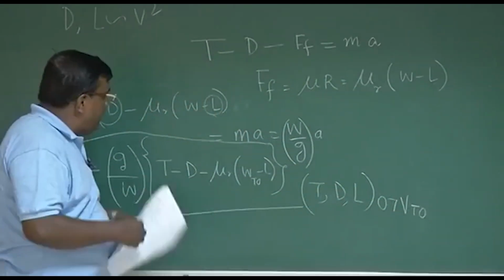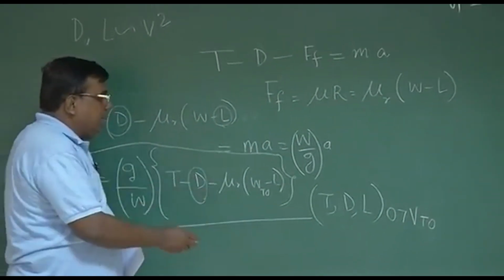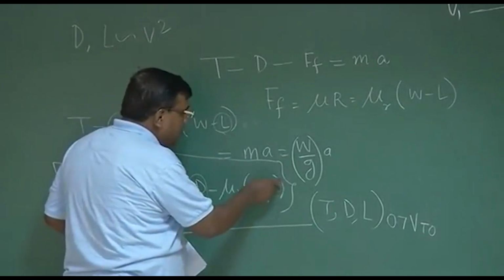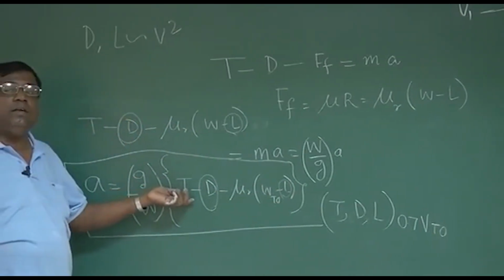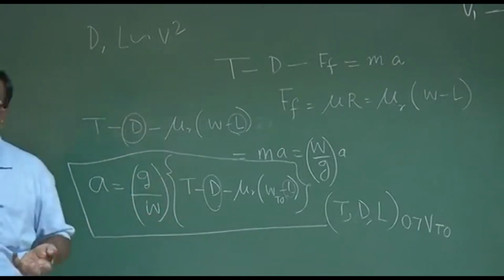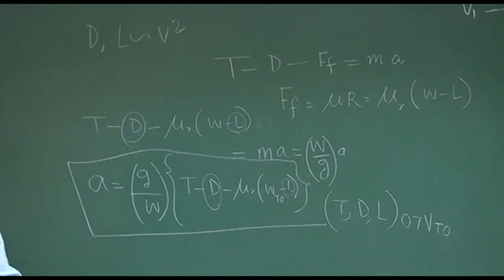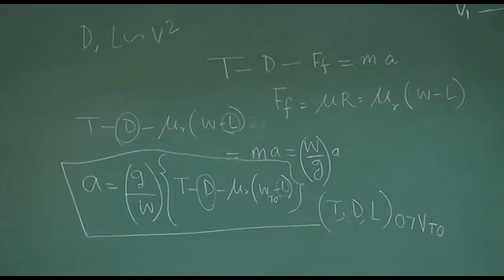That means what? I will calculate drag at 0.7 V takeoff, I will calculate lift at 0.7 V takeoff, and I will do thrust correction for 0.7 V takeoff. If it is required, for all practical purposes, you can assume thrust is not varying. Drag and lift, that is the primary thing here as far as causing the acceleration is concerned.